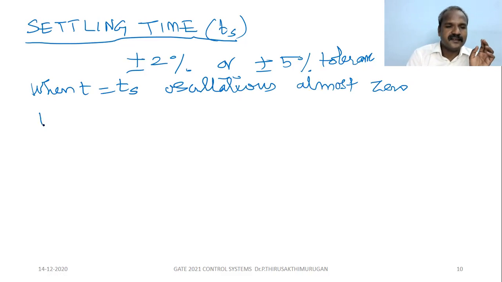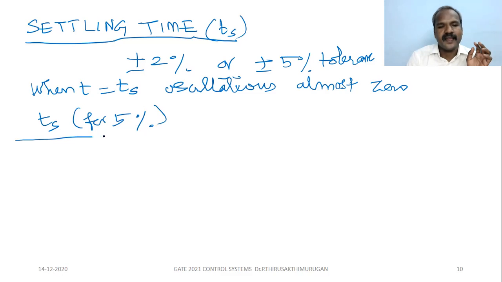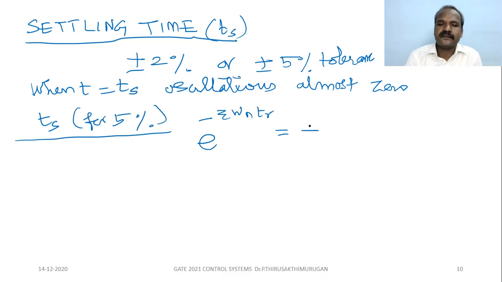So Ts for 5% tolerance, first we find. You can equate e to the power minus zeta omega n Ts equal to plus or minus 5%, that is 0.05.